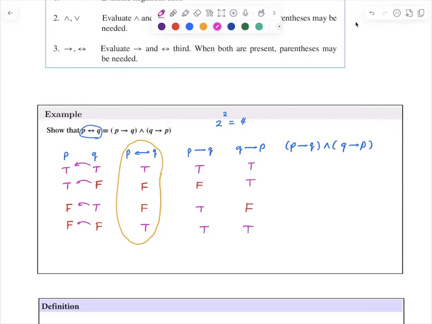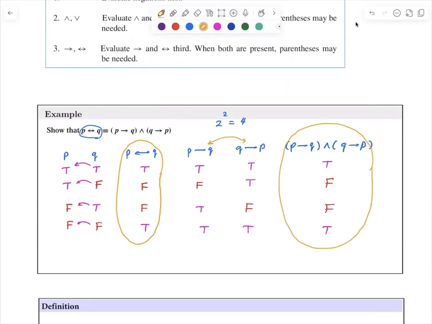Now we are combining these two together using and. True and true is true. False and true is false. True and false is false. True and true is true. Now our goal is to compare these two columns.